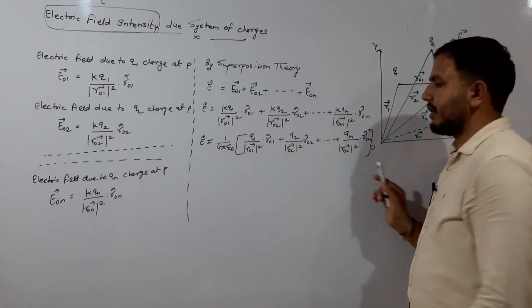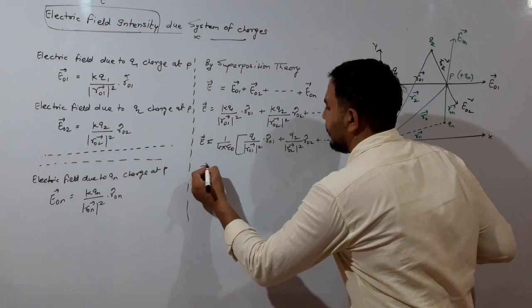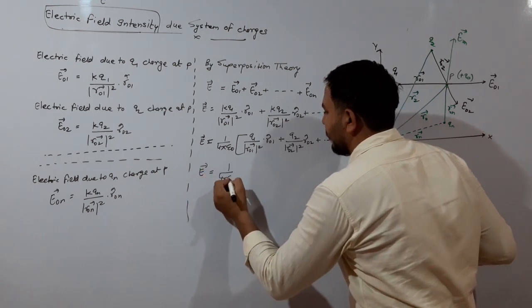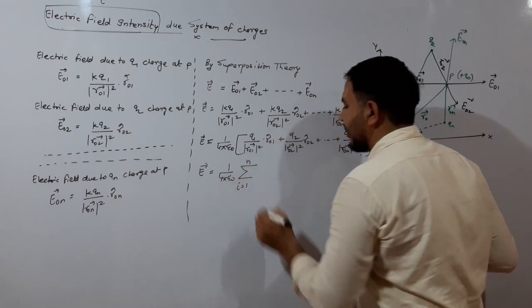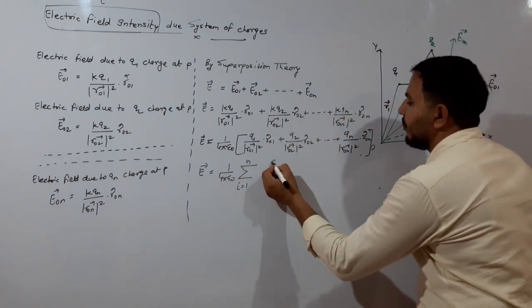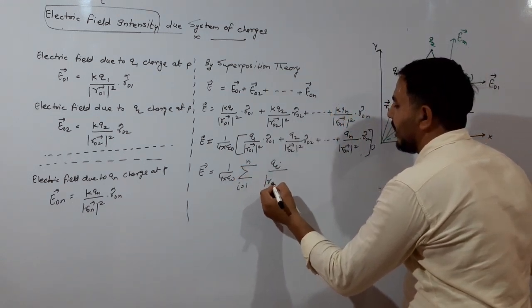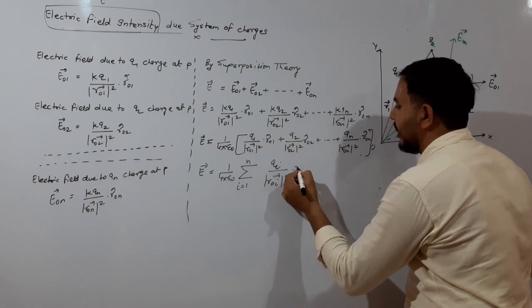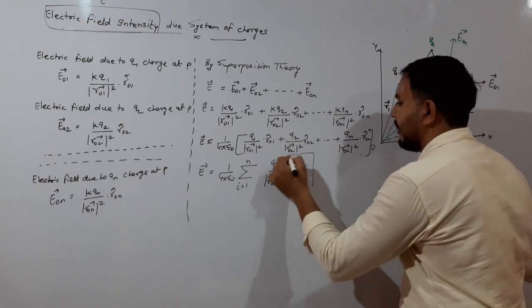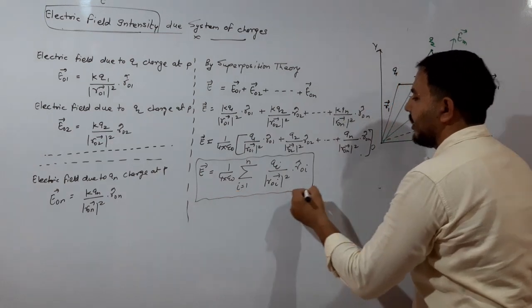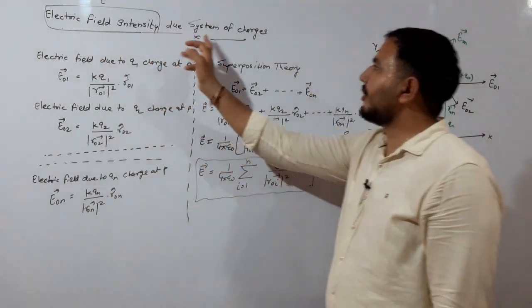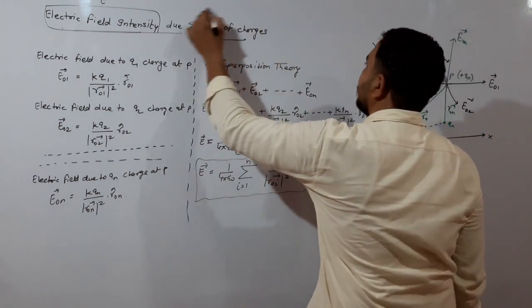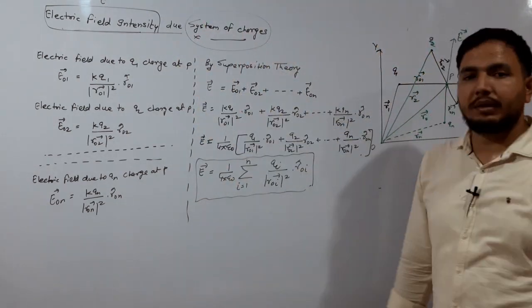You can use summation here also. E vector is 1 upon 4 pi epsilon naught, summation i equal to 1 to n, Qi r naught i vector upon r naught i square cap of r naught i. This is our answer, the electric field intensity due to a system of charges. Clear? Thank you so much.